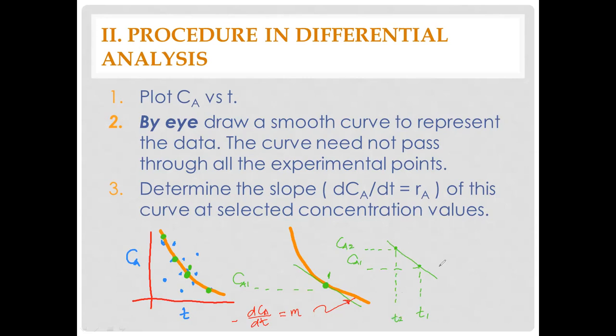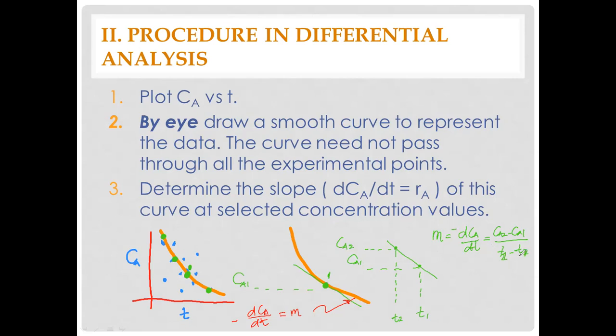So I now get the slope of this line. So the slope of that line, which is dCA dt, is equal to CA2 minus CA1 over T2 minus T1. So you'll get a slope which is negative. True, because in here, you really have a negative rate of change. So the answer that you'll be getting here is negative.